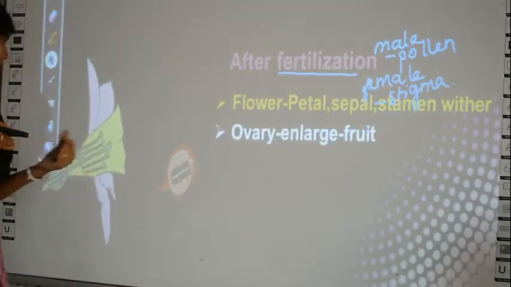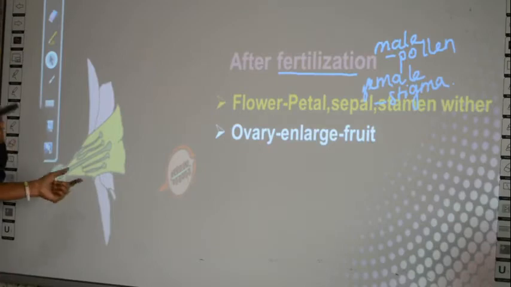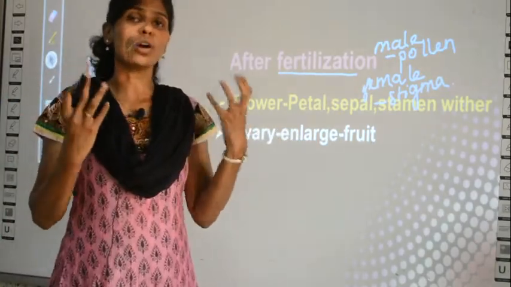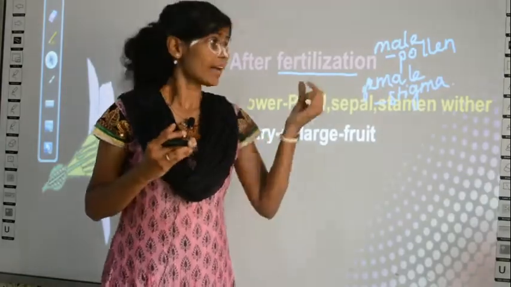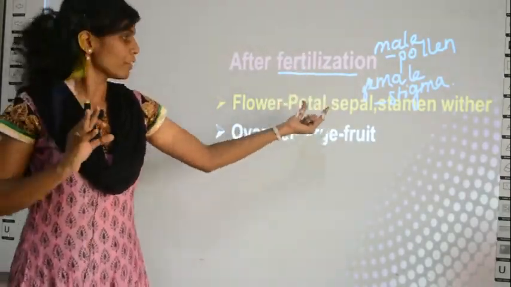This is the petal, right? The sepal, you cannot find it, it is already withered. Withered means it will fall off from the flower. It is no longer sticking to the flower. When will it fall off? After the process called fertilization, the petal will fall off.